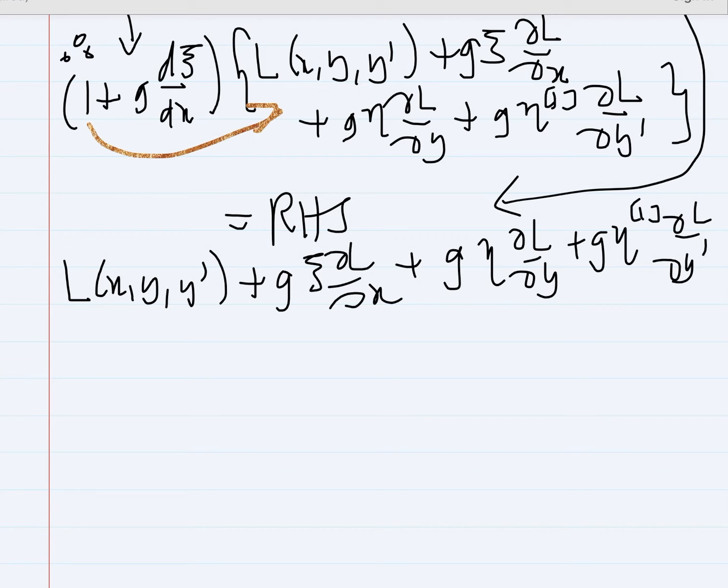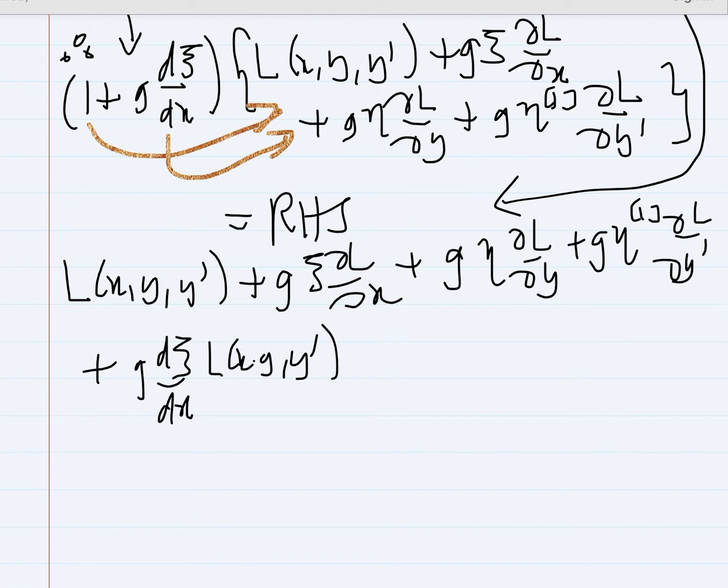Then multiplying this term into the curly bracket, just up to first order in derivatives, we get g d xi/dx times L. Let's write that down. So we get plus g total d xi/dx times L of x, y, y dashed.